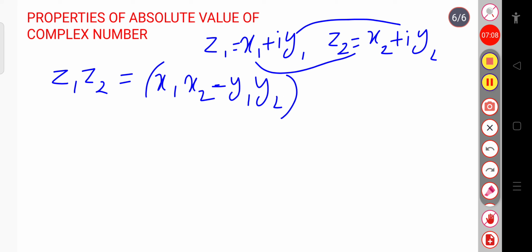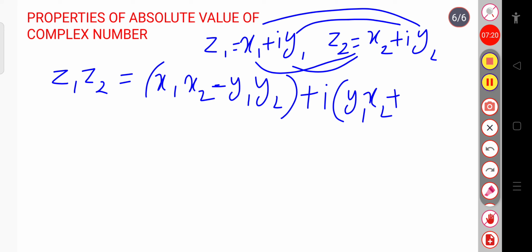Again, plus iota y1 into x2, plus iota taking common, y2 into x1. This is a normal multiplication.